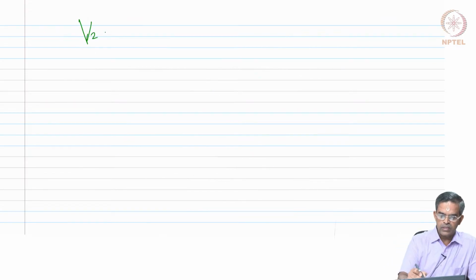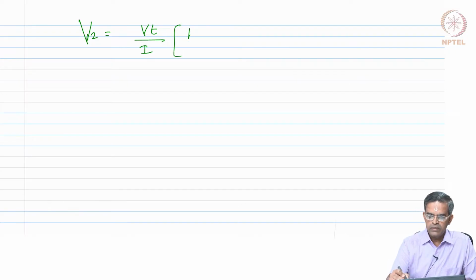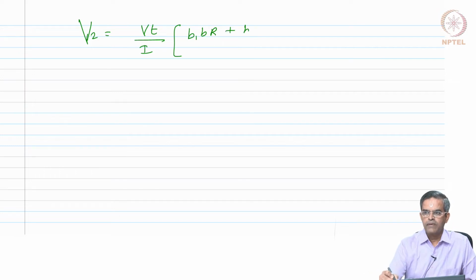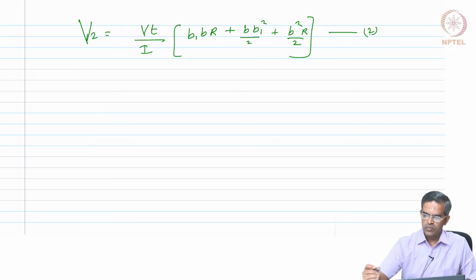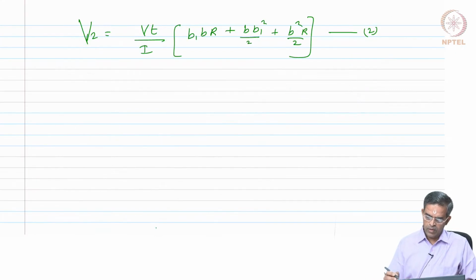I get V2 in a simplified form as Vt by I of B1 Br plus B B1 square by 2 plus B square R by 2, equation 2. So, equation 1 we had V1, equation 2 we had V2.